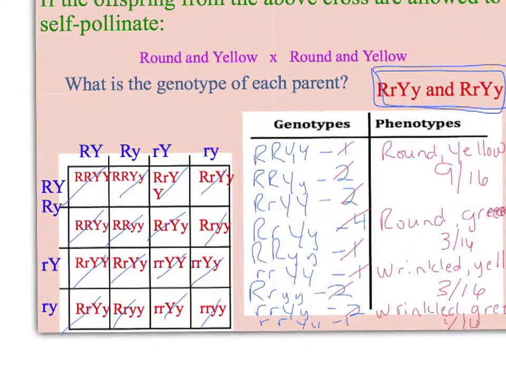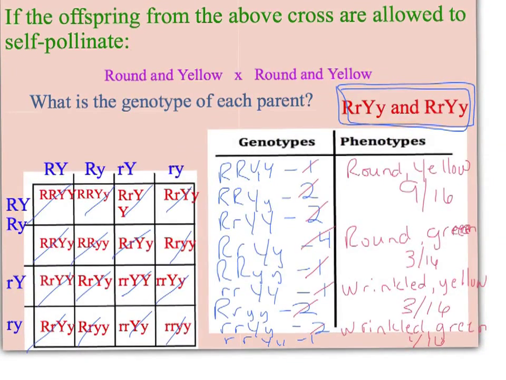Okay, so with that, if I did my ratio, I would actually have 9 to 3 to 3 to 1. 9 round and yellow to 3 round and green, to 3 wrinkled and yellow, to 1 wrinkled and green.